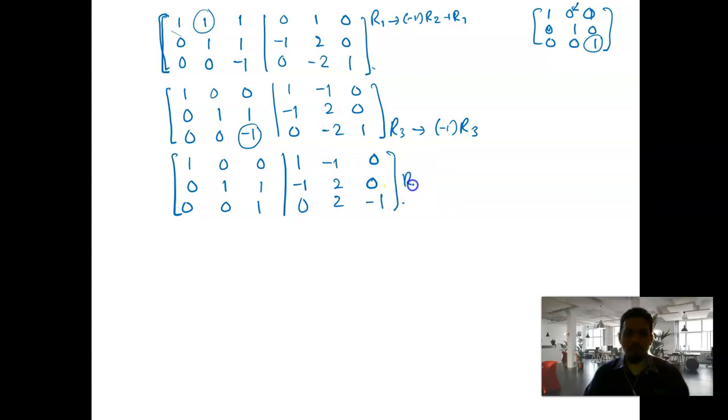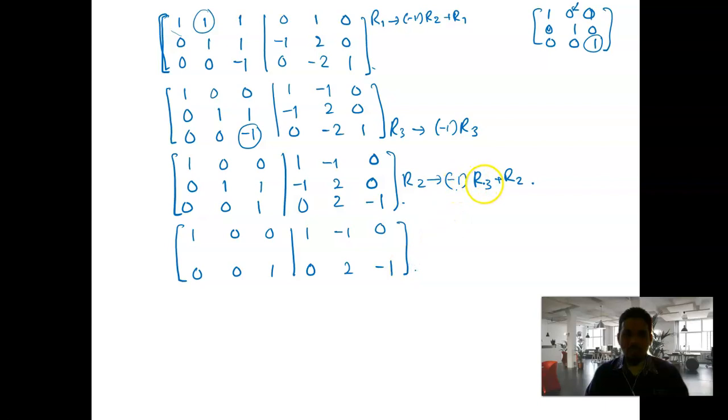So now the new R2 is equal to -1 multiplied with R3 plus R2. -1 multiplied with the element in R3, which is 1 here. So the elements in row 1 and row 3 remain: 1, 0, 0, 1, -1, 0, 0, 0, 1, 0, 2, -1.